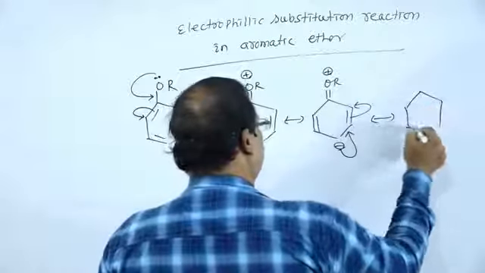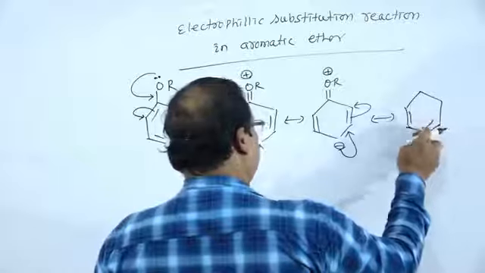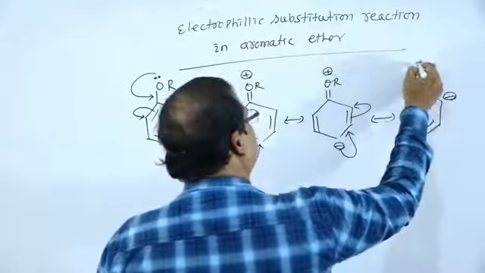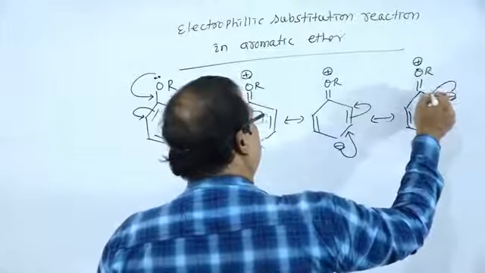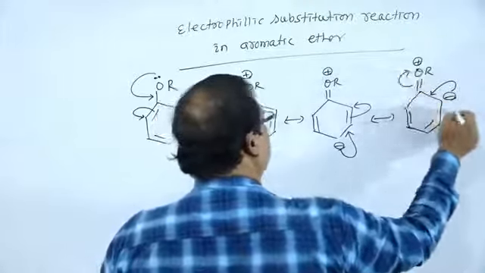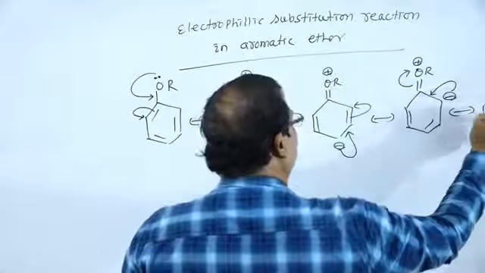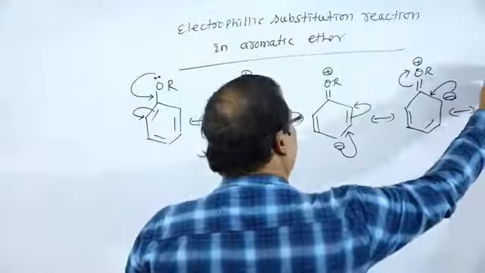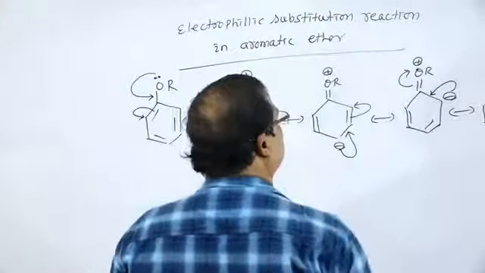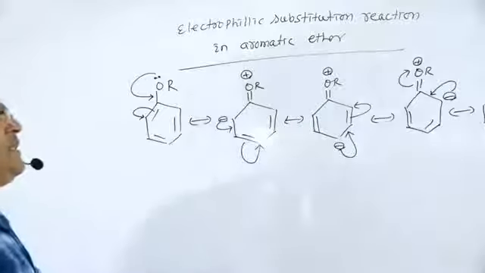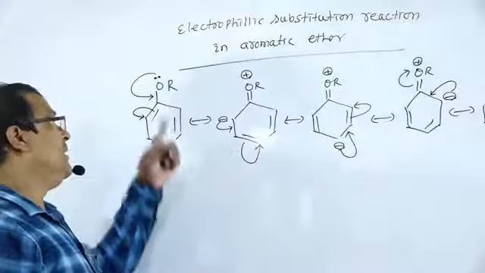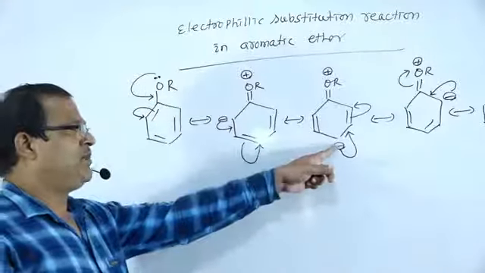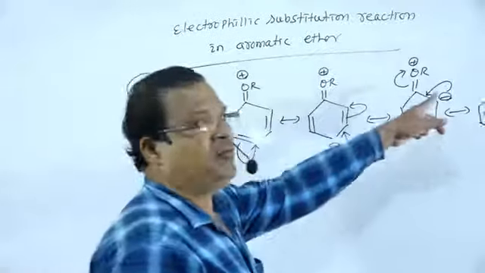So if we draw the resonating structures for the aromatic ethers, mark the ortho and para positions that become negative, so the electron density increases in the ring at the ortho and para positions.